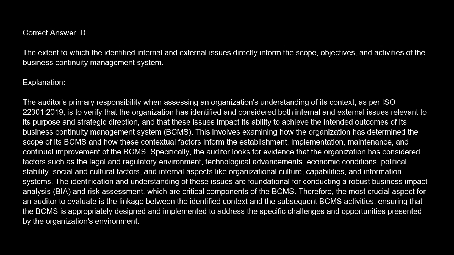The correct answer is D. The extent to which the identified internal and external issues directly inform the scope, objectives, and activities of the business continuity management system. Explanation. The auditor's primary responsibility when assessing an organization's understanding of its context, as per ISO 22301:2019, is to verify that the organization has identified and considered both internal and external issues relevant to its purpose and strategic direction, and that these issues impact its ability to achieve the intended outcomes of its business continuity management system, BCMS.